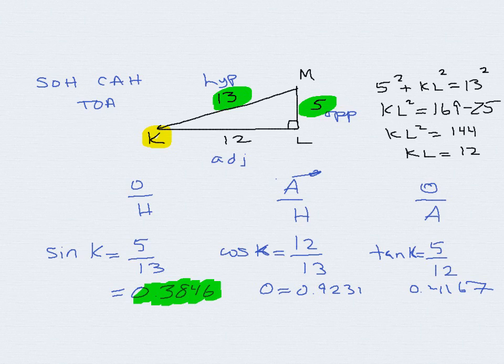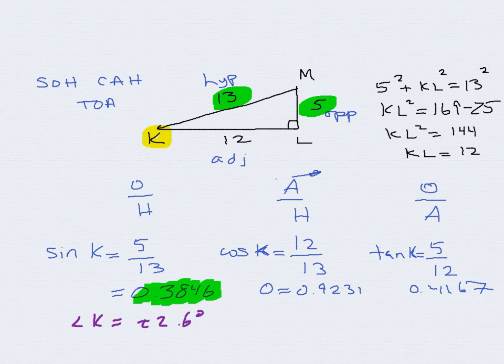You would hit second function sine of the decimal equivalent, and you would get an answer for, I'll call it theta, but really it's just angle K. So angle K would equal 22.6 degrees.